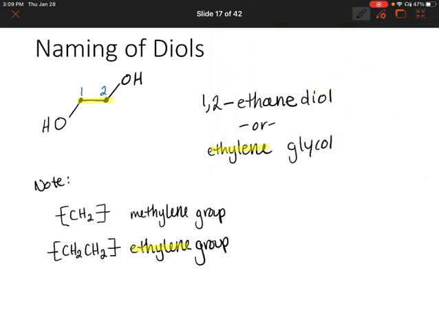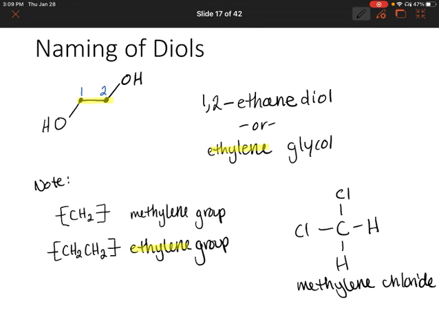An example of where we would use methylene is a pretty common organic solvent, and we've actually used this in lab. This is called methylene chloride. And the methylene is that CH2 group that I highlighted.